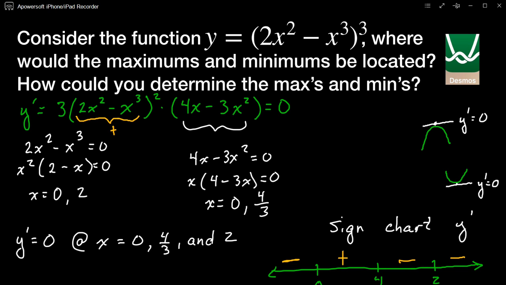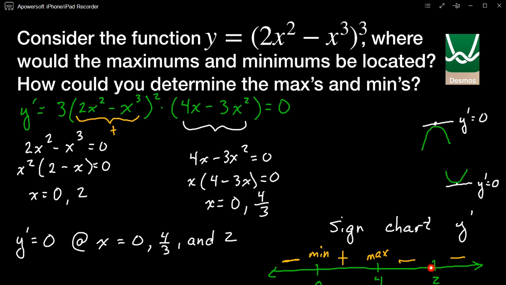So what's happening here is your derivative is changing from a negative to a positive at 0. That means you're going to have a minimum right here. Here your derivative is changing from a positive value to a negative value. That means you're going from a positive slope to a negative slope, which is going to give you a maximum.